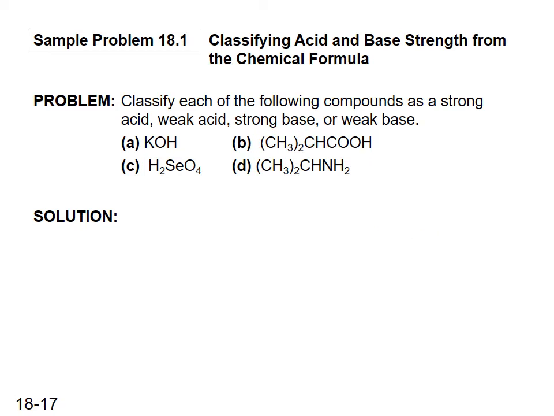In C, H2SeO4. Se is selenium, which is a group 6 element. This reminds us of sulfur. We know H2SO4, sulfuric acid, is in the list of strong acids, so the same group selenium should also be a strong acid. Another way to look at it is to count oxygen and hydrogen.